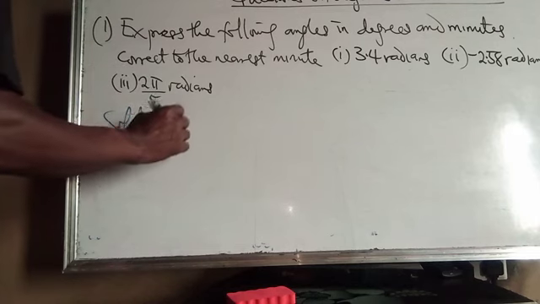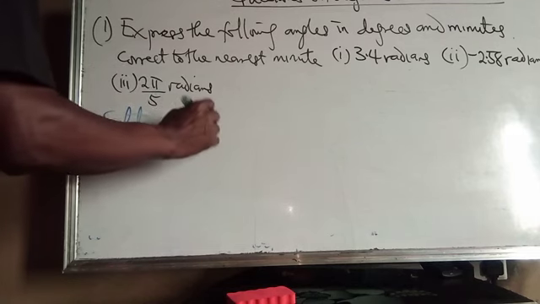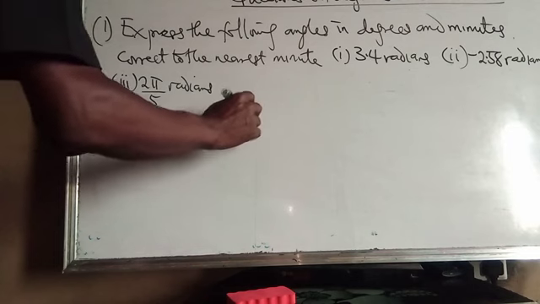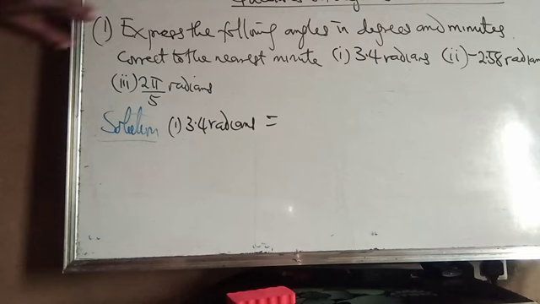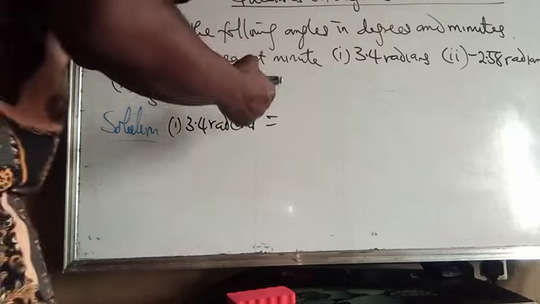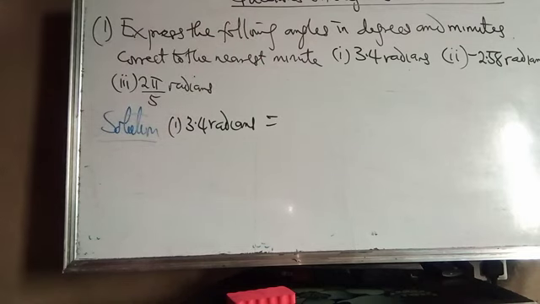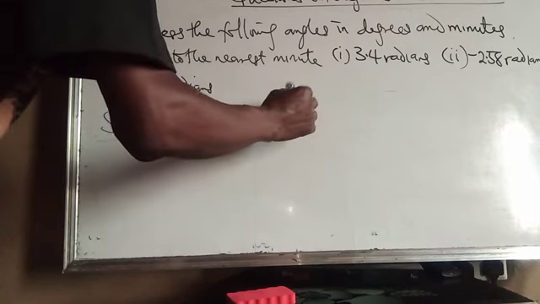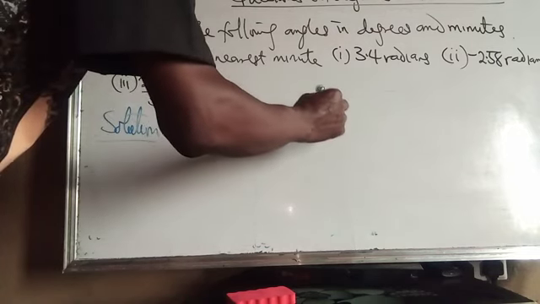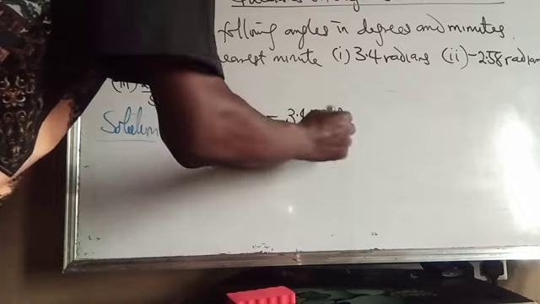We start with 3.4 radians. Don't forget that in our previous video, we talked about the conversion from radians to degrees and degrees to radians. So 1 radian is equal to what? 180 all over pi. So 3.4 radians will be 3.4 multiplied by 180 all over pi.